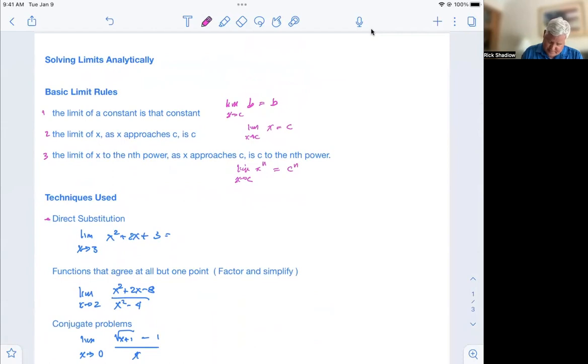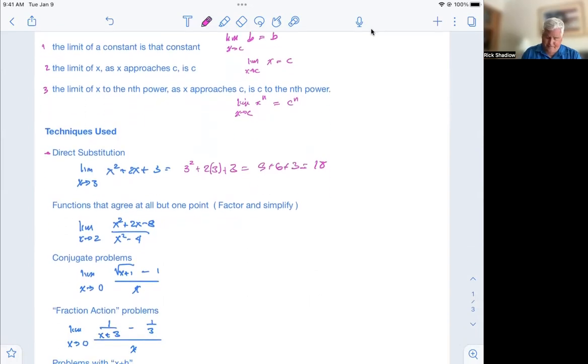So in the scenario here, just do direct substitution. 3 squared plus 2 times 3 plus 3 is going to be 9 plus 6 plus 3, or 18, as that particular limit.